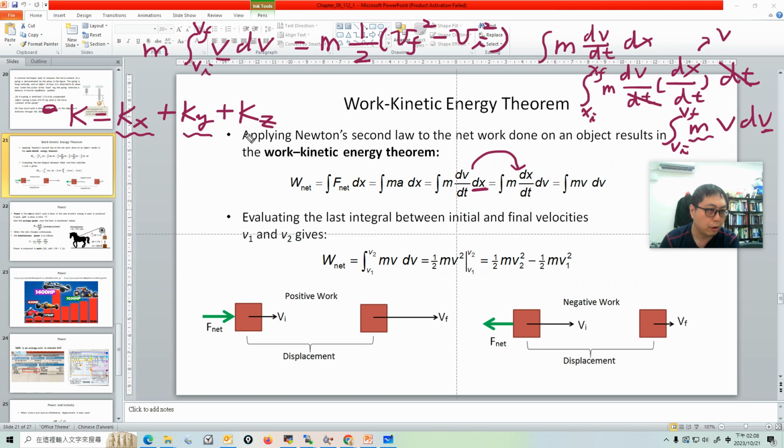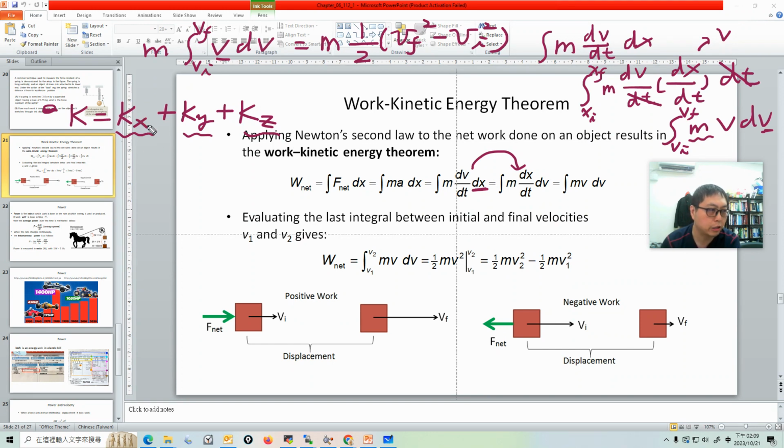Actually, kinetic energy is a scalar, that's true, but this is the total kinetic energy contribution, and we can separate the contribution from each direction.